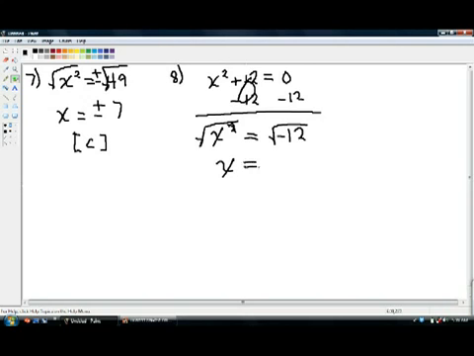X equals, there's nothing times itself that can give me a negative answer. Remember, this can't happen. Can't have a negative under the radical. So that means that no real solution.